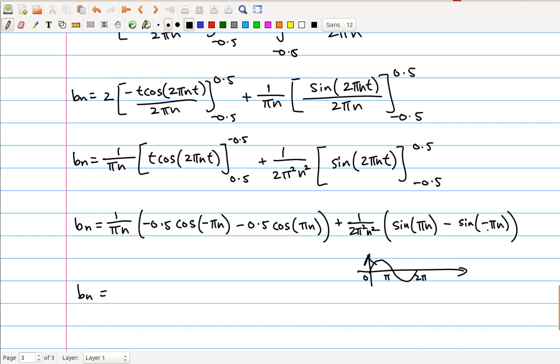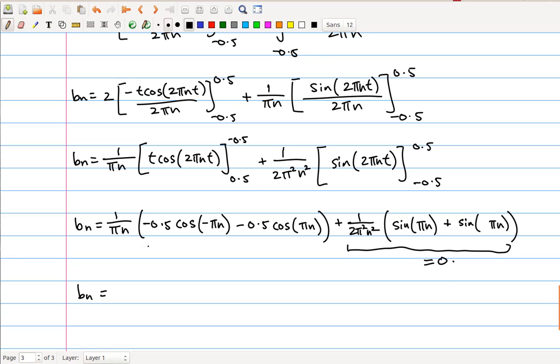And over here, this is the same thing. In fact, if I took out this negative sign, put it here, sine, remember, it's an odd function, so I can do that, but I have to change the sign to positive. And look over here, it's the same thing. Sine of an integer multiple of pi also goes to 0. So this entire term here should disappear. It's all equal to 0.